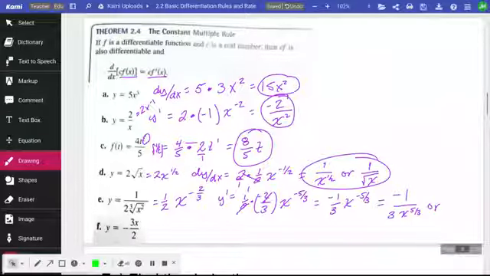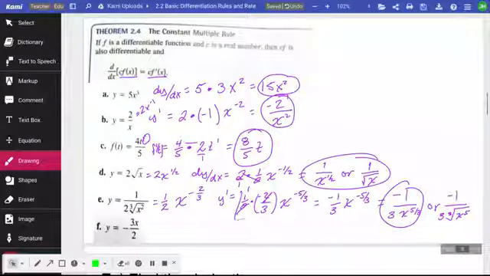Or you could put it back as a cube root if you wanted to. That's up to you. I honestly would leave it here if it were me, but it doesn't matter. It's fine either way. Back to this simplification, sometimes that confuses people. If you don't like to simplify before you multiply, by all means, multiply straight across, negative 2 over 6. It'll reduce to negative 1/3. You get the same thing.